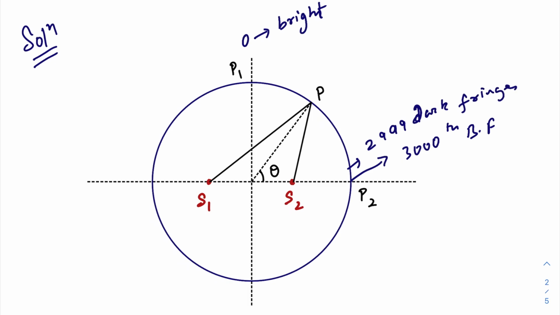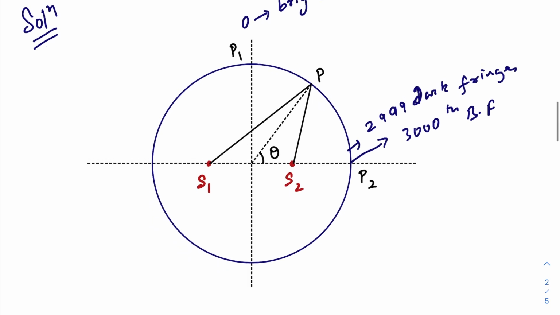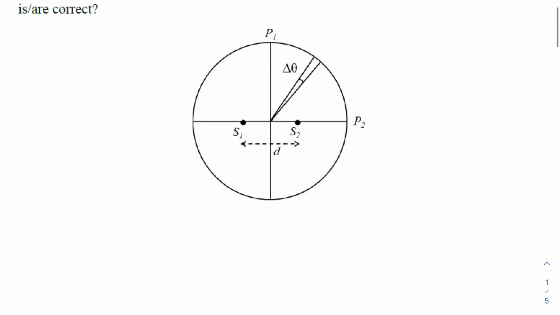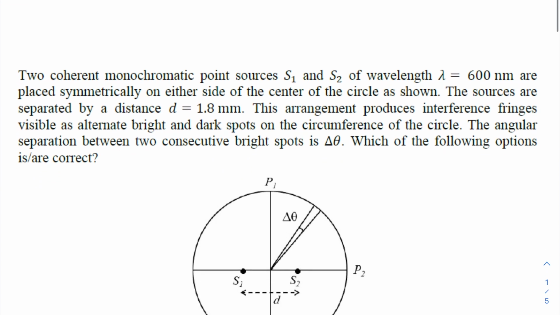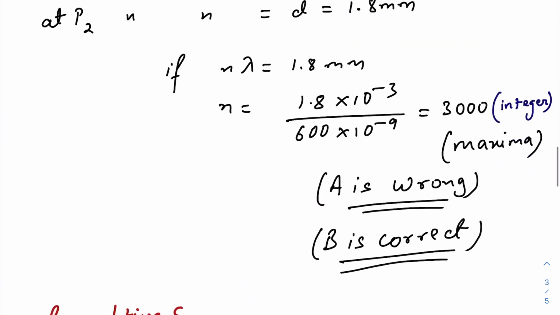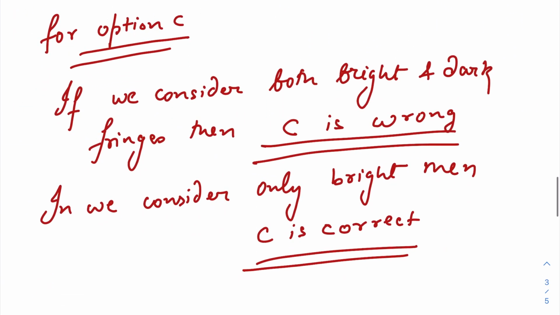So if you are adding all the fringes, then there should be about 6000 fringes, I guess. 5999 fringes. But I think they are very much interested in the bright spots, and in their official answer key they have considered bright spots only. So if you consider only the bright fringes, then option C is correct. But if you consider bright and dark, then option C is wrong according to me.